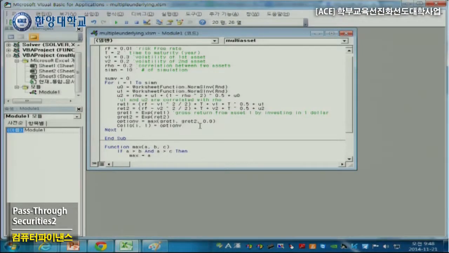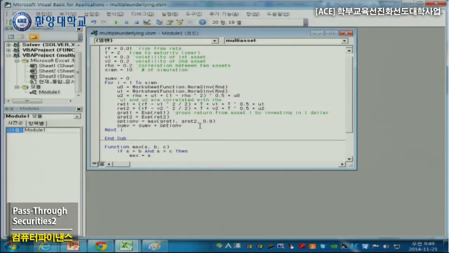And then sum v equals sum v plus option value. Then in this sum v, it keeps adding option value, right? Because its initial value is 0. In one routine, it adds option 1, so the first sum v becomes option v. And in the second round, it becomes the sum of these two things, and the third round, the sum of these three things, and so on, right?